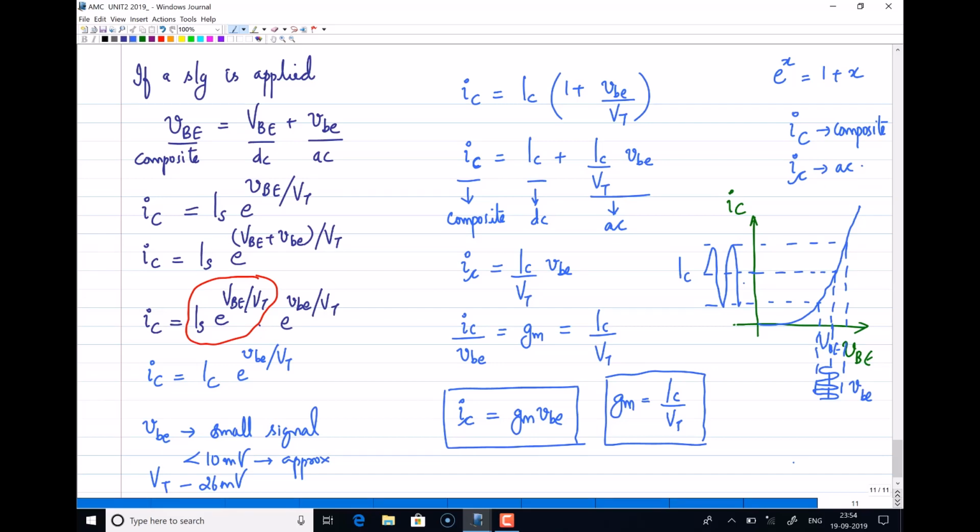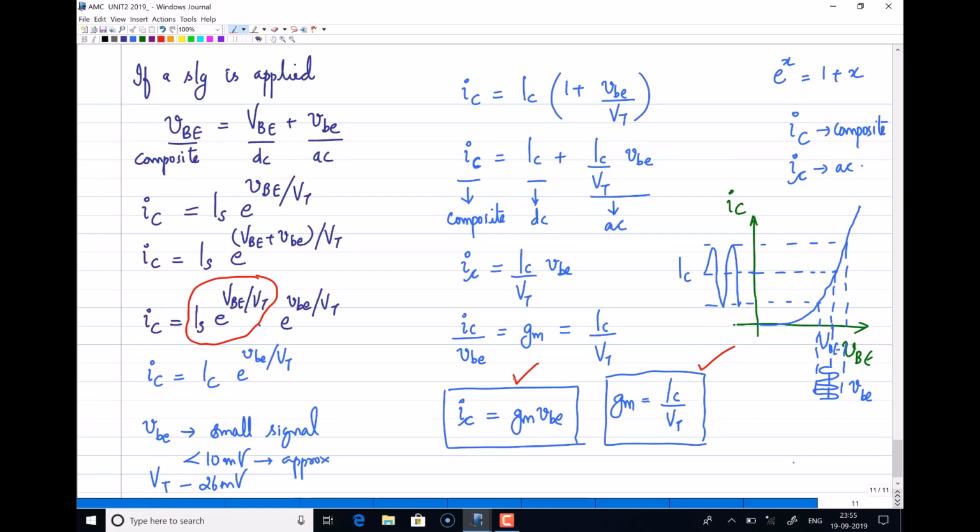The important thing here is that the transconductance of a BJT can be written as IC by VT, and second, the collector current can be written as gm into vbe, right? This is very important.